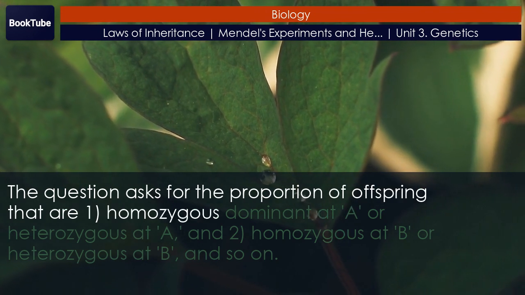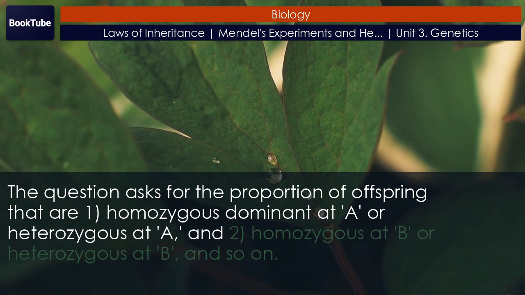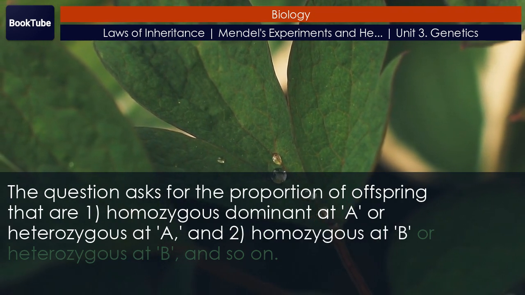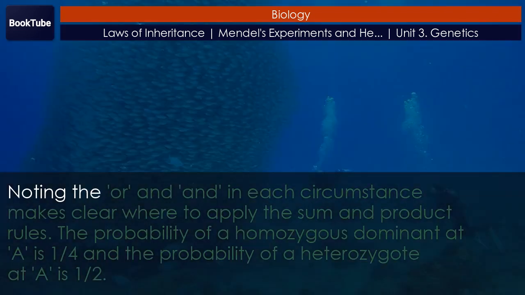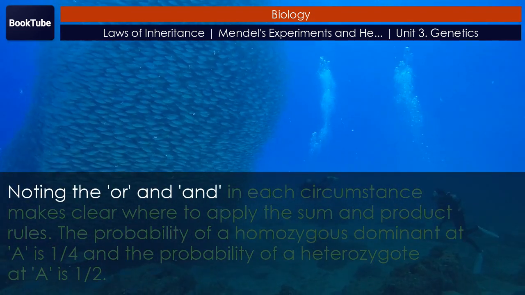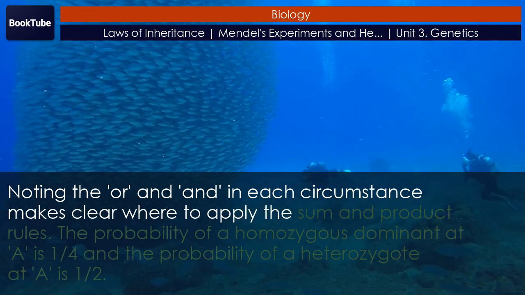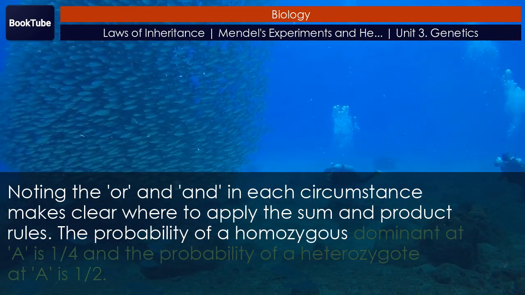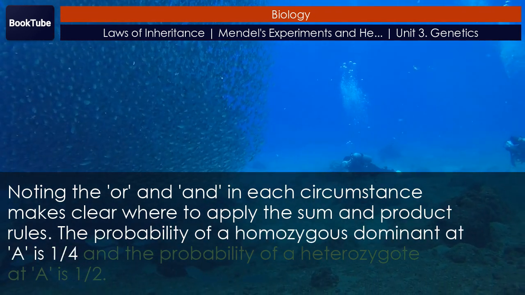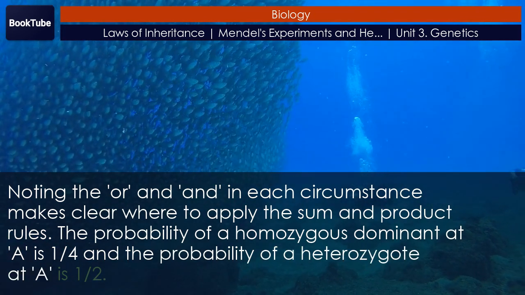Homozygous dominant at A, or heterozygous at A, and 2. Homozygous dominant at B, or heterozygous at B, and so on. Noting the "or" and "and" in each circumstance makes clear where to apply the sum and product rules. The probability of a homozygous dominant at A is 1/4 and the probability of a heterozygote at A is 1/2.